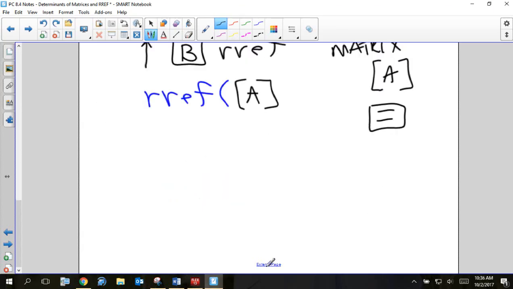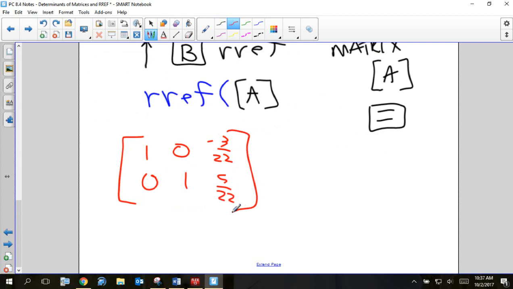So what showed up was this, and if I were going to put it back into the equations, this would say x plus no y equals negative 3 over 22. And this one would be no x's plus y equals 5 over 22. So you can see it says x equals this and y equals that.